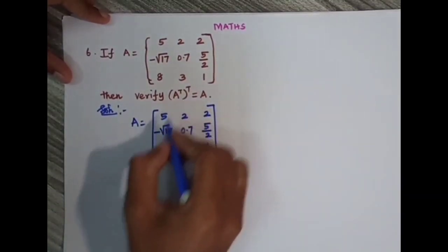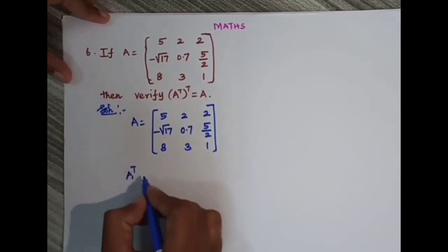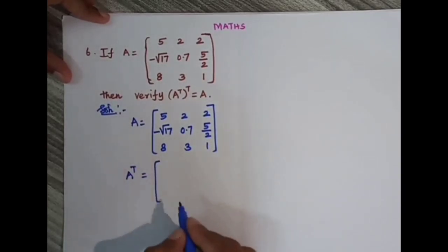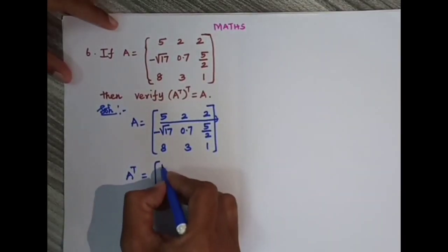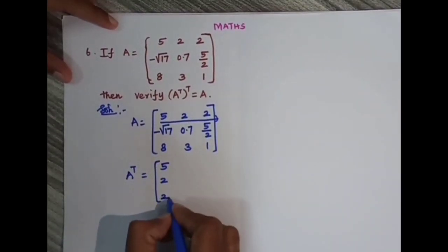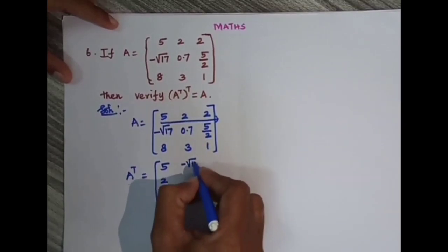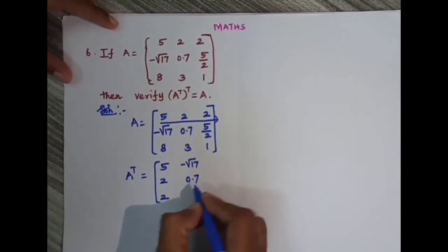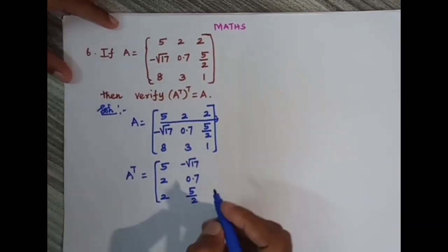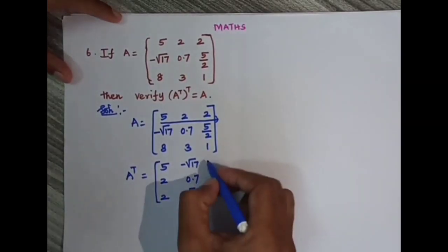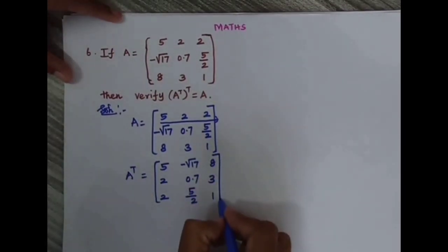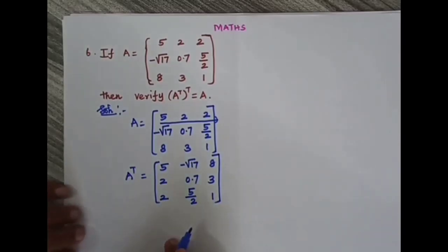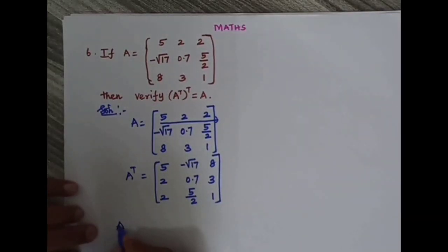First we have to find out A transpose. We'll change this first row as first column. So 5, 2, 2. Minus root 17, 0.7, 5 by 2. Second row as second column. Then third row 8, 3, 1. Third row becomes third column. This is A transpose.